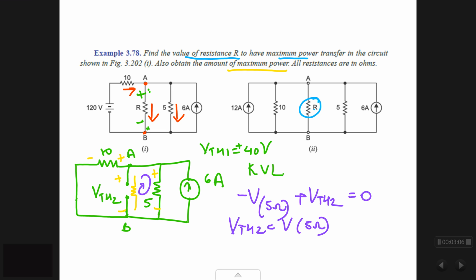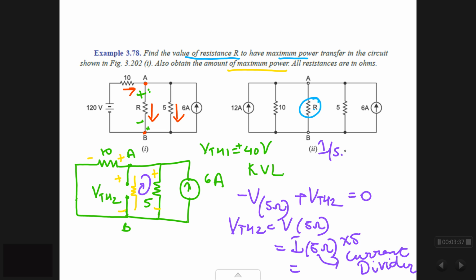Now, if you notice there's a current source, the current is splitting into 5 ohms and 10 ohms. So if I know the current in my 5 ohms, I can find the voltage across it. Since this current source is providing current in 5 ohms and 10 ohms, to find the current in the 5 ohms, you use your current divider rule.